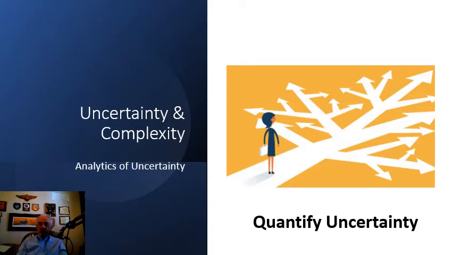Some of these analytics are quite powerful, and we're going to look at ways in which we can quantify things that are uncertain to bring some level of understanding to the world so that we can deal with it effectively.